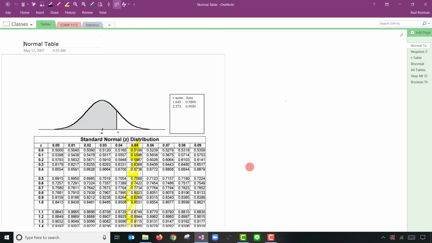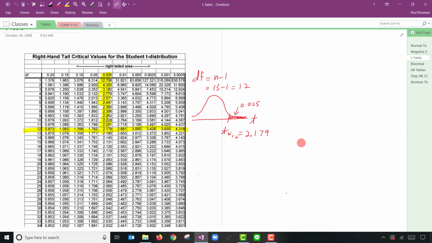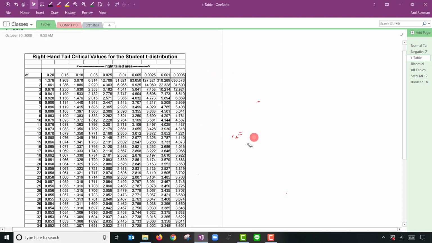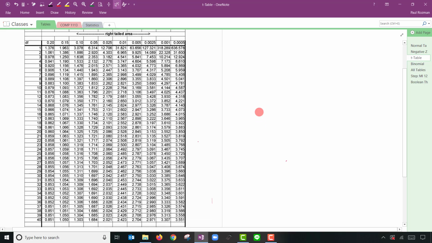This is my z table, and here is my t. I'll erase all this previous stuff that we had going on from some previous lecture. And now we know that we're lucky, this problem is to the right. So our t-table is to the right, remember?